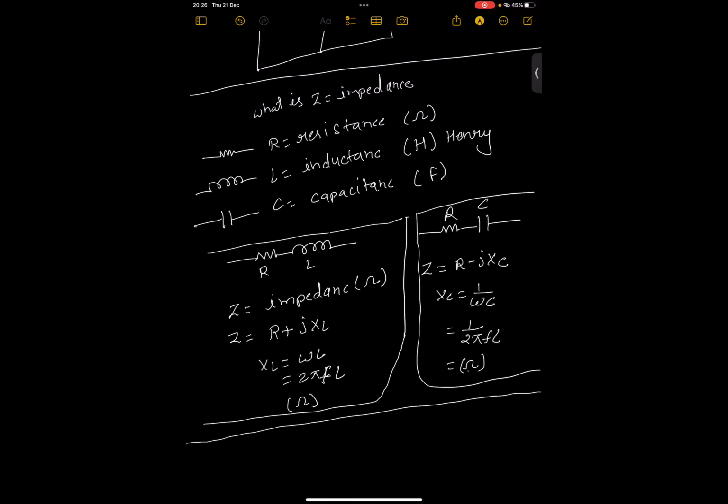What is Z? Here you have to remember what XL is, this one. What is XC? You have to remember that. And R, L, C, XL, XC and Z all have the same unit, that is ohm. Okay.